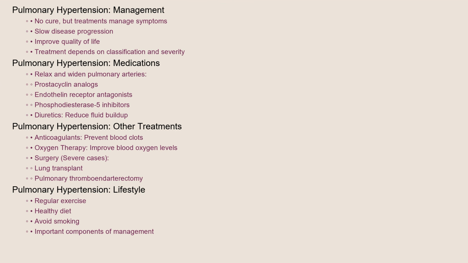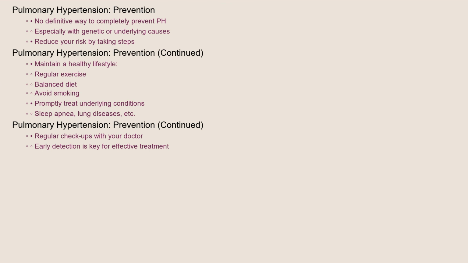Diuretics can help reduce fluid buildup. Anticoagulants may be prescribed to prevent blood clots. Oxygen therapy can improve oxygen levels in the blood. In severe cases, a lung transplant or pulmonary thromboendarterectomy, a surgical procedure to remove blood clots from the pulmonary arteries, may be considered. Lifestyle modifications, such as regular exercise, a healthy diet, and avoiding smoking, are also important components of management.